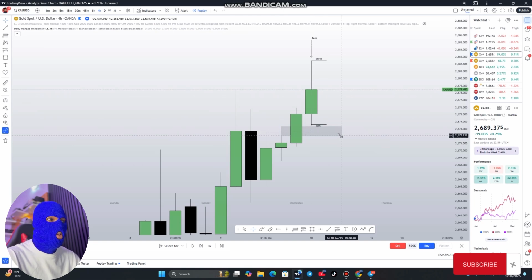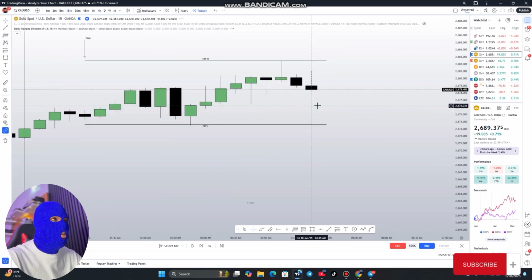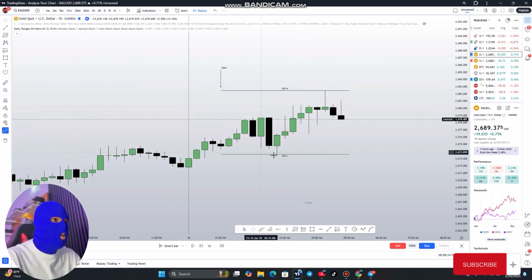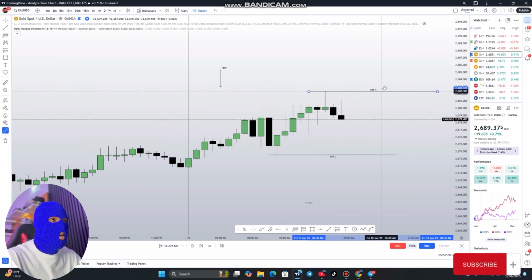So the next thing we want to do is wait for either the high or the low of this CRT to be taken out. In order to do that, we'll have to go down to the lower time frame and monitor those highs and those lows. So going down to the 15 minute time frame right here, you can see our CRT low here, and then we'll have the CRT high here.